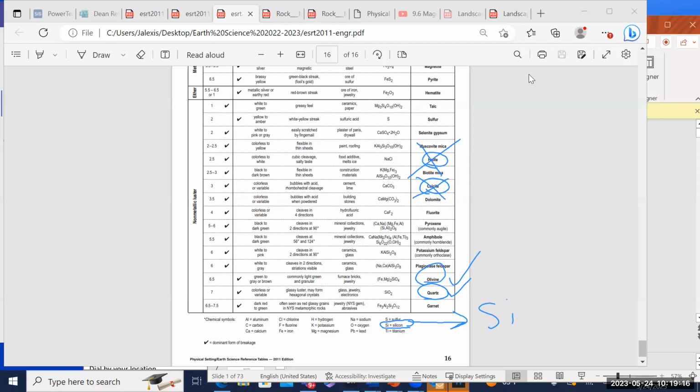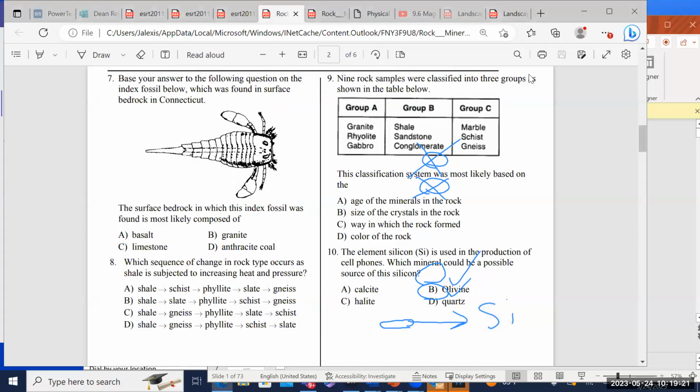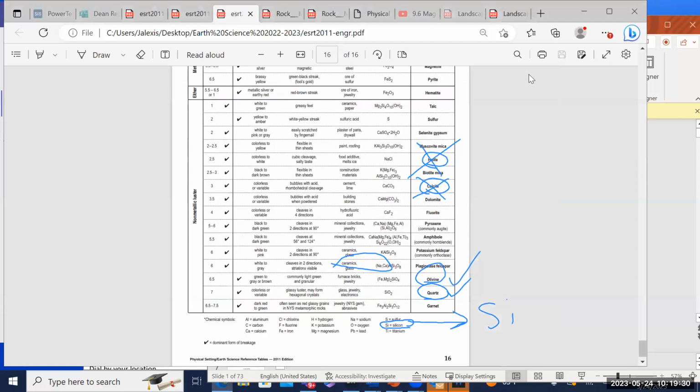Now the other part of the problem, remember that it stated the use in the production of cell phones. So when I go back to my reference tables, you look under the category of use. Olivine's use is furnace, bricks, and jewelry. Quartz use: glass, jewelry, and electronics.